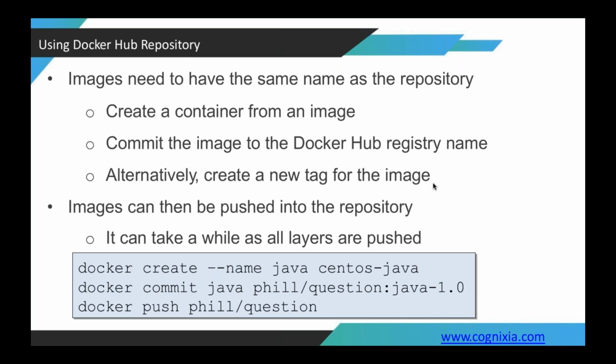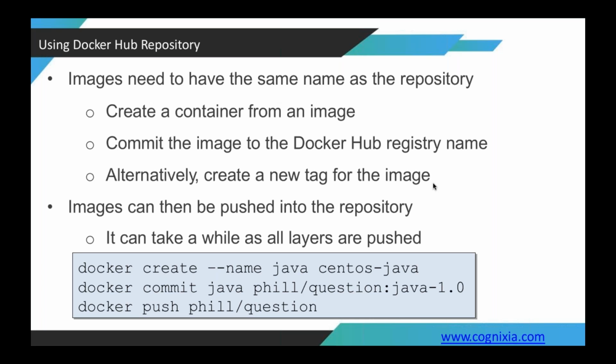Just run the Docker commit command with the image name. Once you have done the commit, you can push it to the Docker registry. Here we are pushing the image as fill/question, and then any other person on the Docker Hub can download this image directly from the Docker Hub.